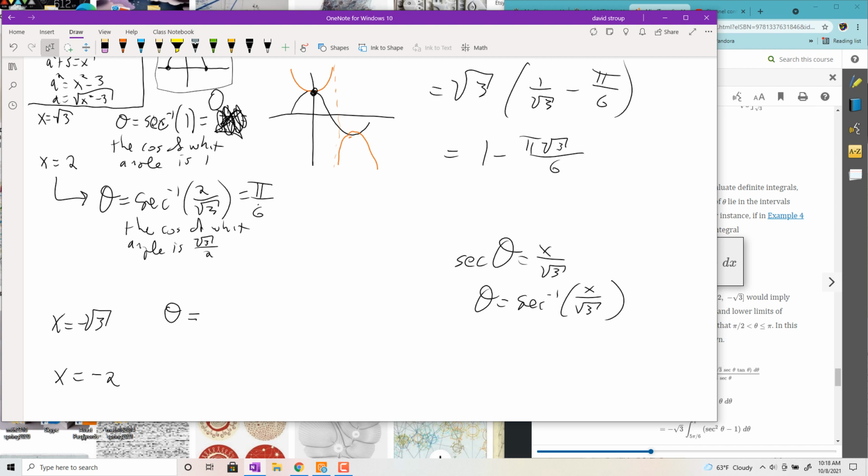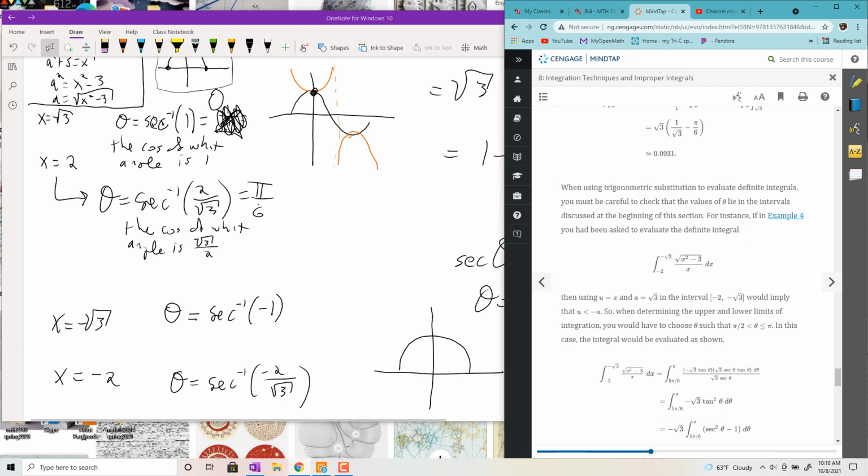So in this particular case, theta will equal secant inverse of negative 1. The other guy, theta will equal secant inverse of negative 2 all over root 3. And you need to make sure that the angles you're getting are in this range, from 0 to pi.